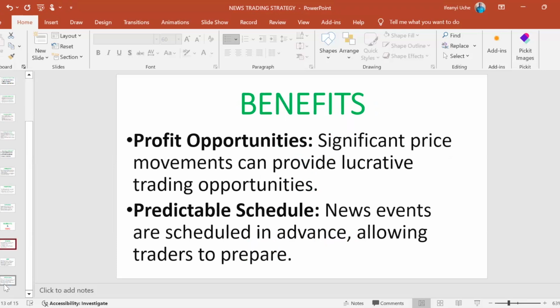Several years back, when a major mainstay in trading was just news, I'm talking about 2008, 2009 and so on, what I used to do then, because I knew the times, you check the calendar, you see the time. Sometimes some news will come out by 1:30 a.m. Australia, so I would set my alarm for 1 a.m. I'm awake and I begin to prepare and set up.